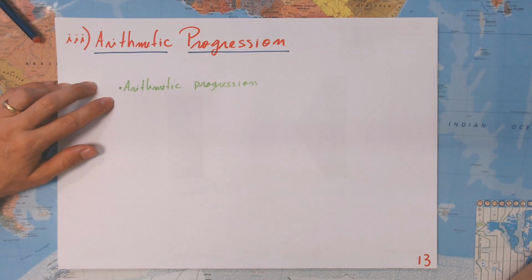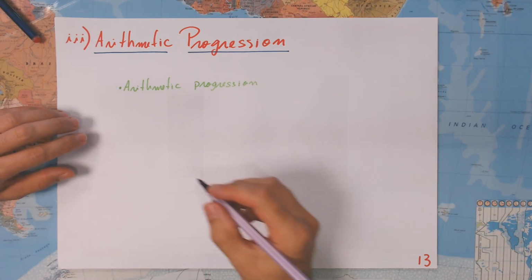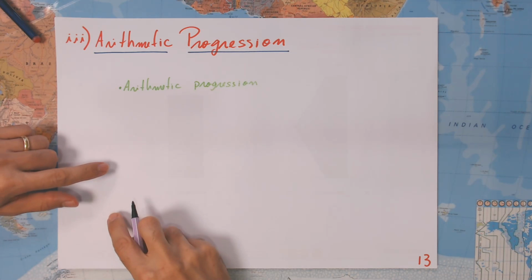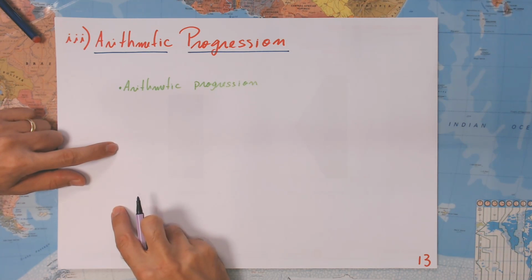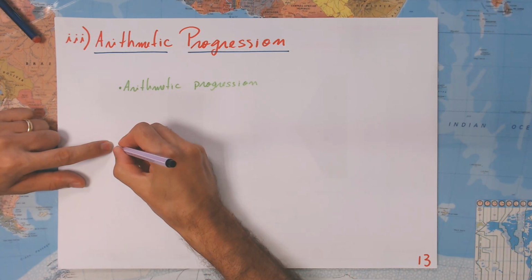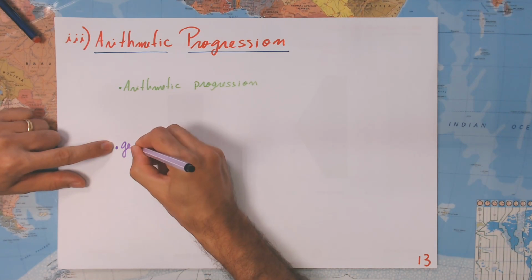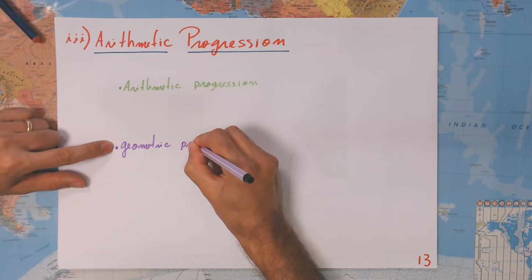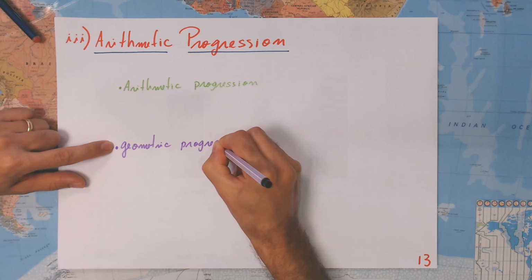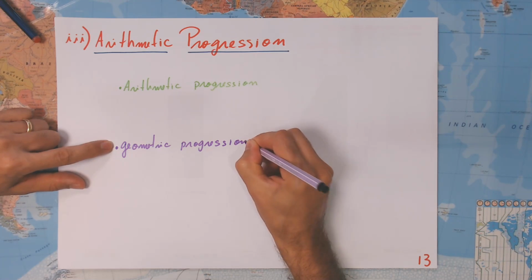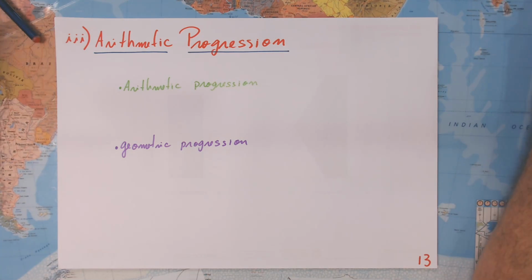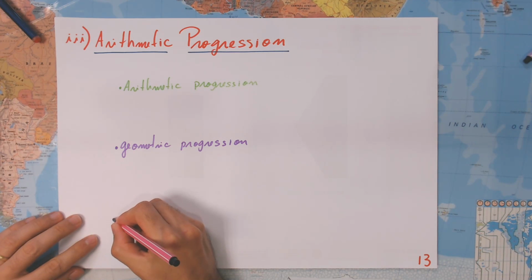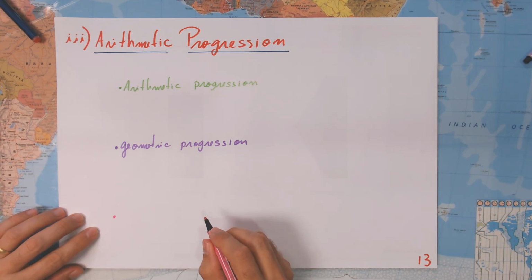Then we're going to have the geometric progression. And the last type is going to be the harmonic progression.